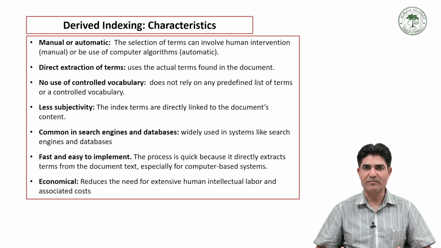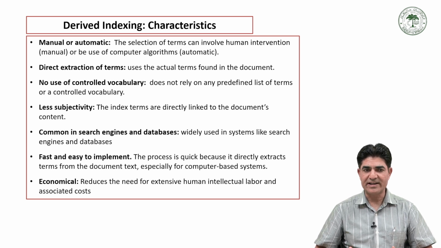Most of the databases and search engines rely on derived indexing systems, because they automatically extract the relevant keywords from the documents, from the web pages, and then these keywords are entered into the inverted file of the search engine or the database for retrieval by the users from the search engines and from the online databases.